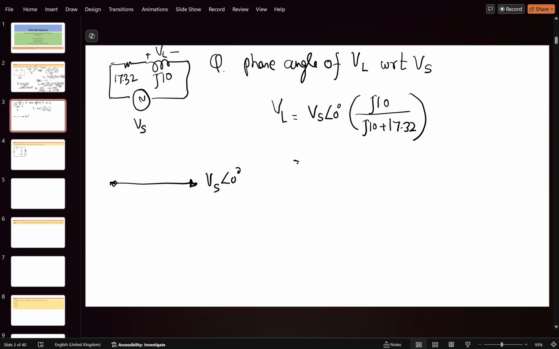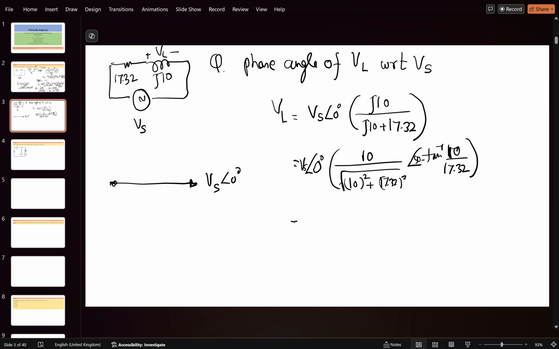In terms of magnitude and phase, the magnitude is 10 over root of 10 square plus 17.32 square, and the angle is 90 minus tan inverse 10 divided by 17.32, because j is in the numerator.